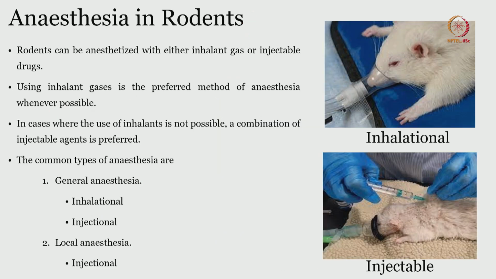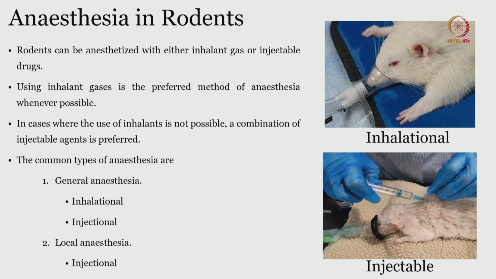So let us look at the differences of these inhalational and injectional. In inhalational, as it is self-explanatory, the rat is going to inhale the various anesthetic gases, and in injectable, obviously you are going to supplement it with the additional drug which is going to act on the brain and cause general anesthesia.